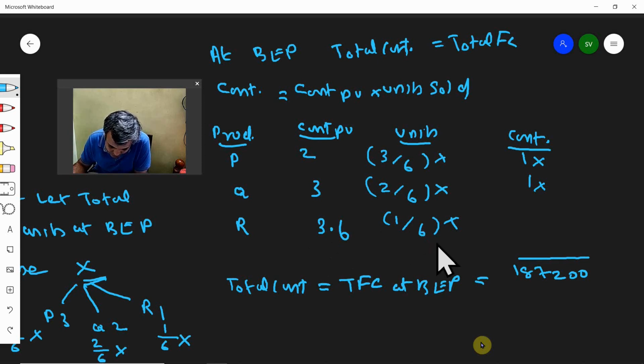If you cancel and reduce this, I can take the 6 off and write it as 0.6x. You were able to visualize up to now? Any doubts? This should be equal to 1,87,200.